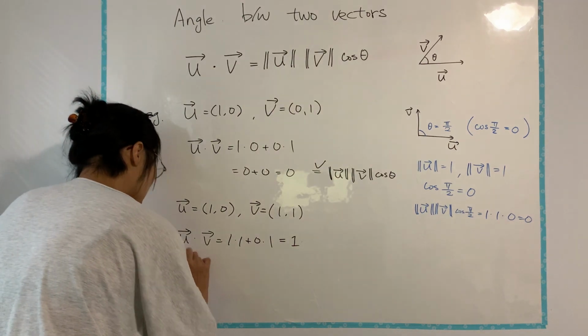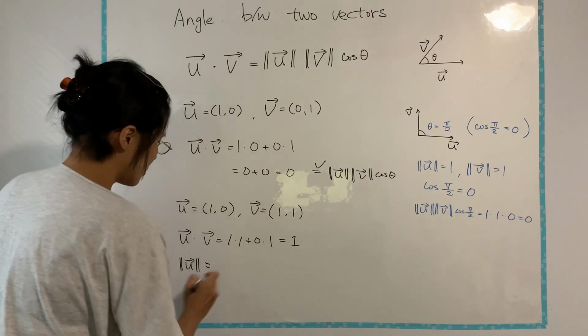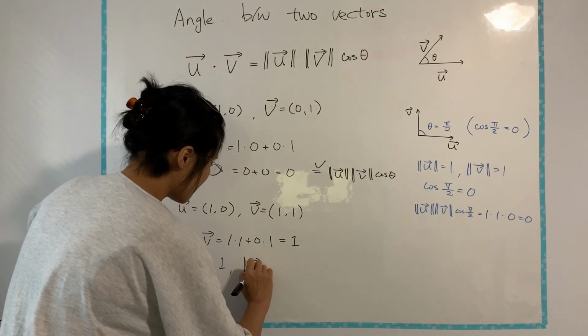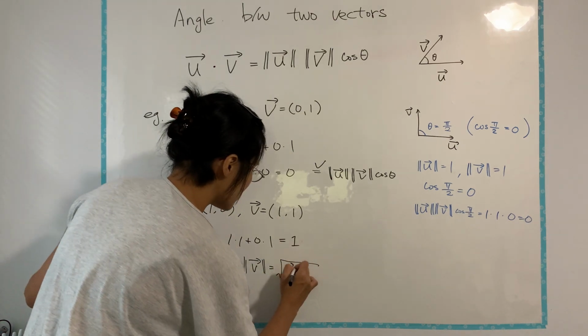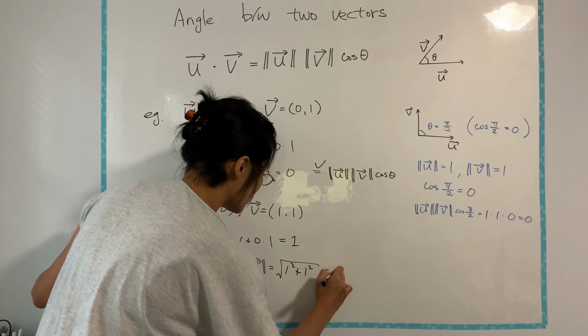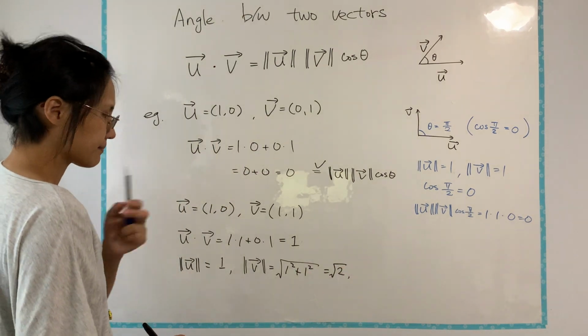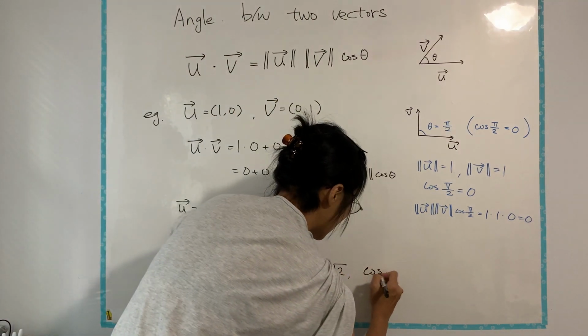On the right hand side of the equation, the length of u is equal to 1. The length of v is equal to the square root of 1 squared plus 1 squared, so this is root 2. And now we have cosine theta.